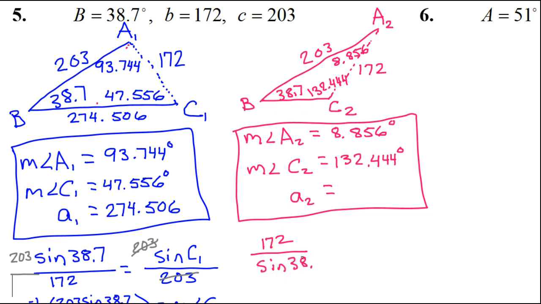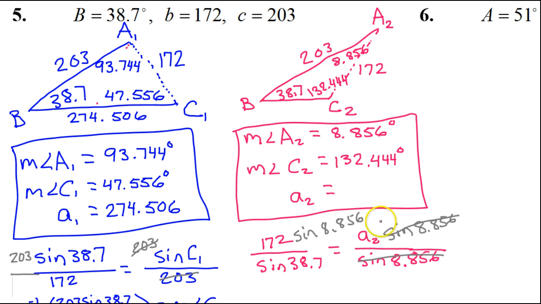And that's going to equal side A2 over the sine of angle A, the sine of 8.856. So basically we have to cancel this out, and you put this whole expression in your calculator at once, and I'm getting 42.351.